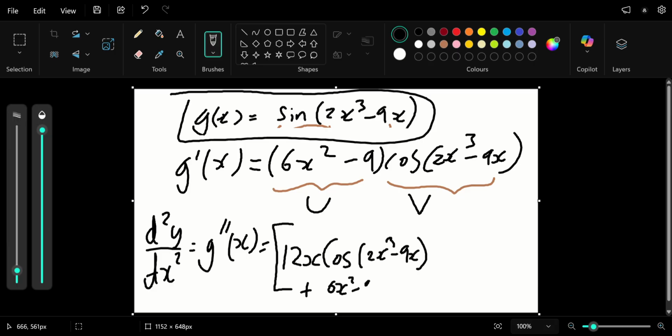So we have our u and our v prime. Our v prime is a minus sine of the function inside, multiplied by the first derivative of the inside function, which will just give us 6x squared minus 9, all in big brackets.